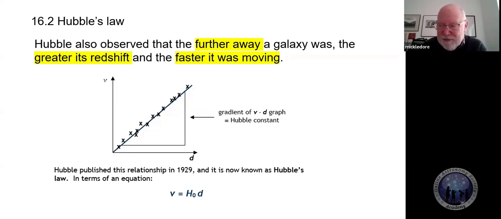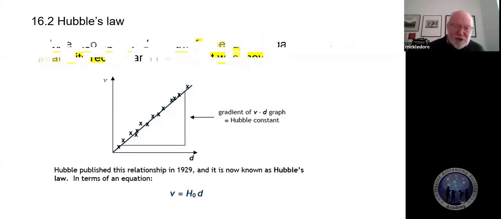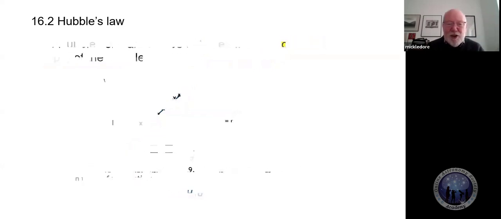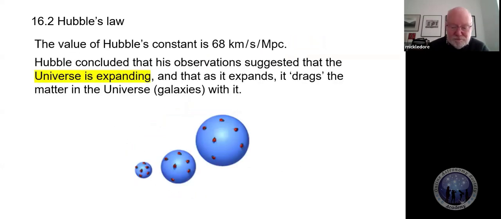Parsecs, no. Astronomical units, no. Megaparsecs probably is the distance. So Hubble's constant comes out in kilometers per second, slight pause, per megaparsec. 68 kilometers per second, pause, per megaparsec.